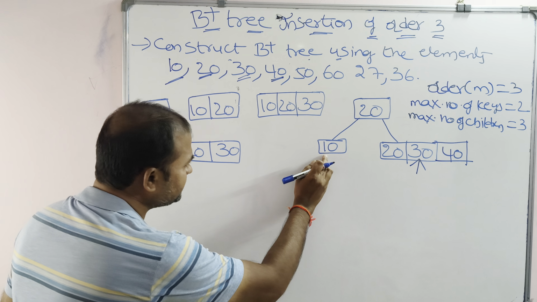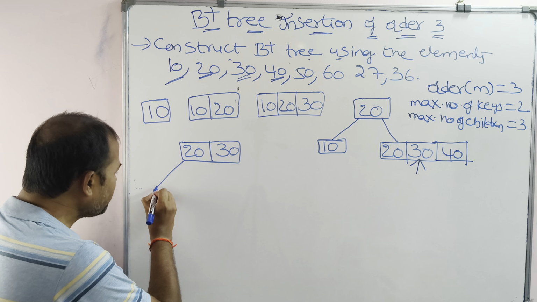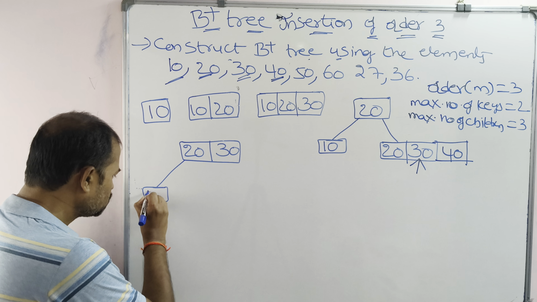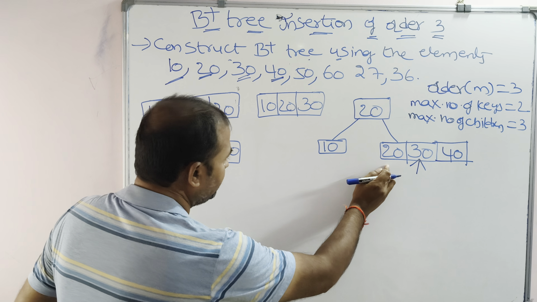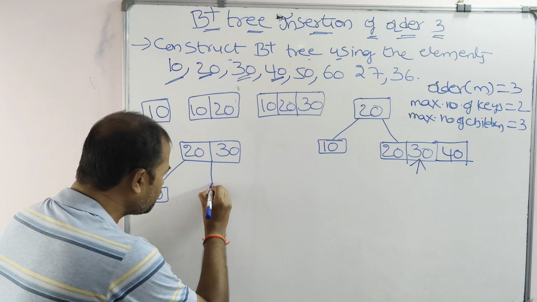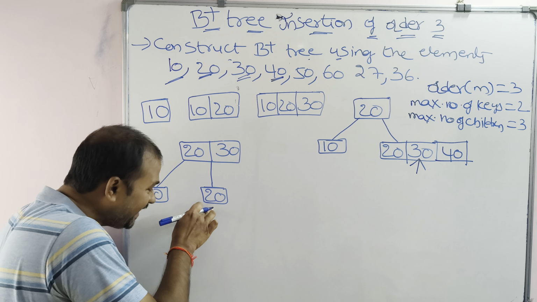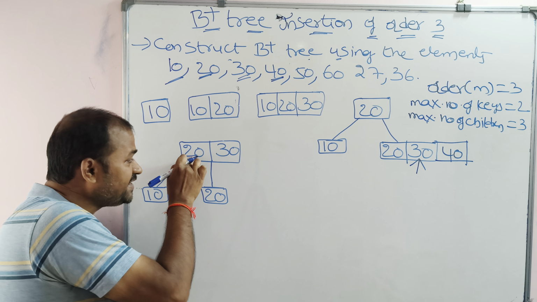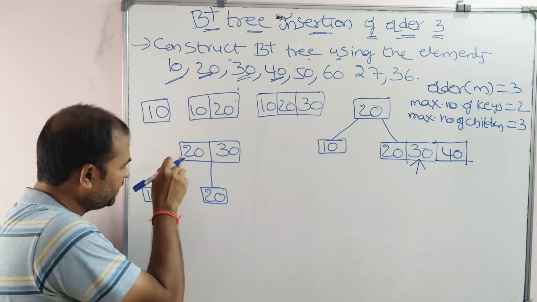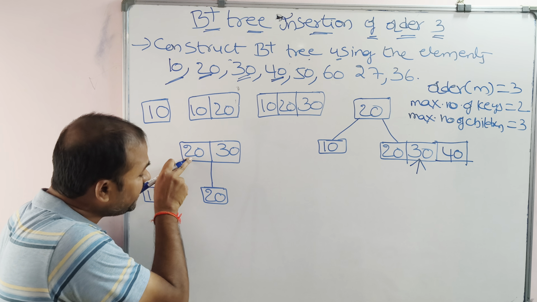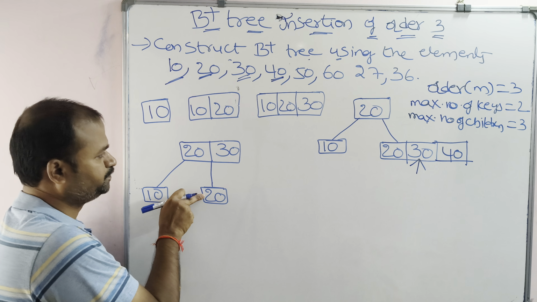Next, store the keys. 10 is less than 20. So store 10 here. Next 20. Store 20 here. Here 20 is a key, whereas this 20 is a pointer. It contains a pointer to the key 20.